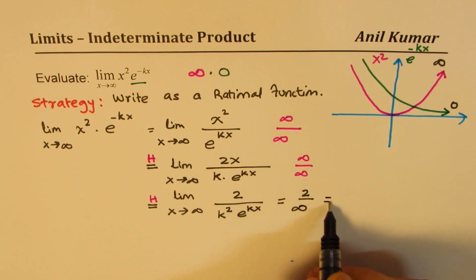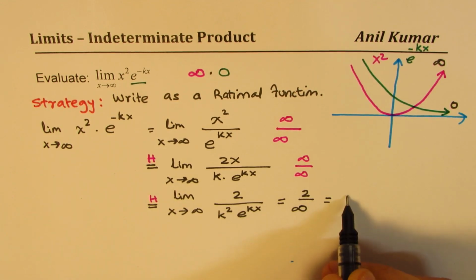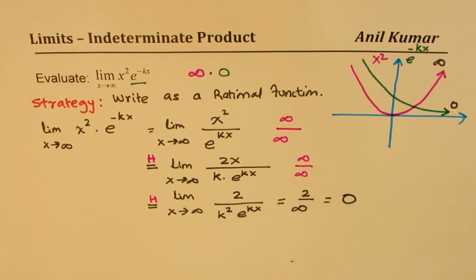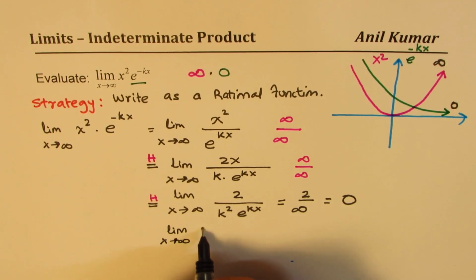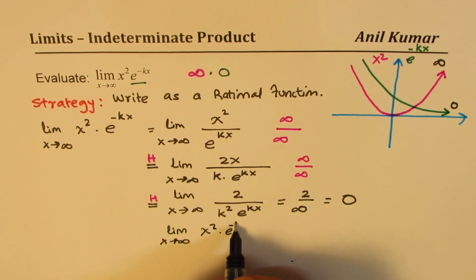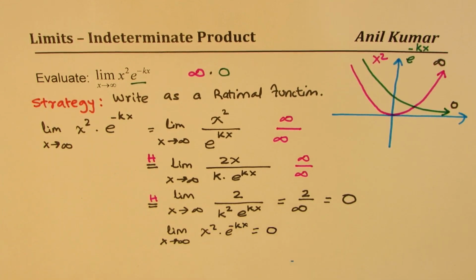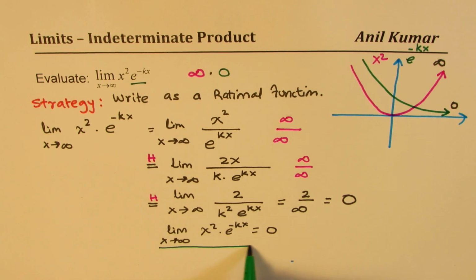That's what we get, which is not an indeterminate, which is definitely 0. So the answer for this limit is that the limit for the given function as x approaches infinity is equal to 0. Is that clear to you, right? So that becomes our solution.